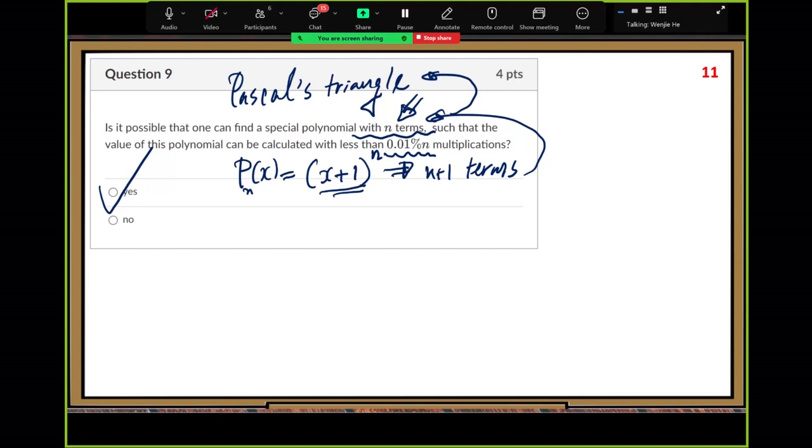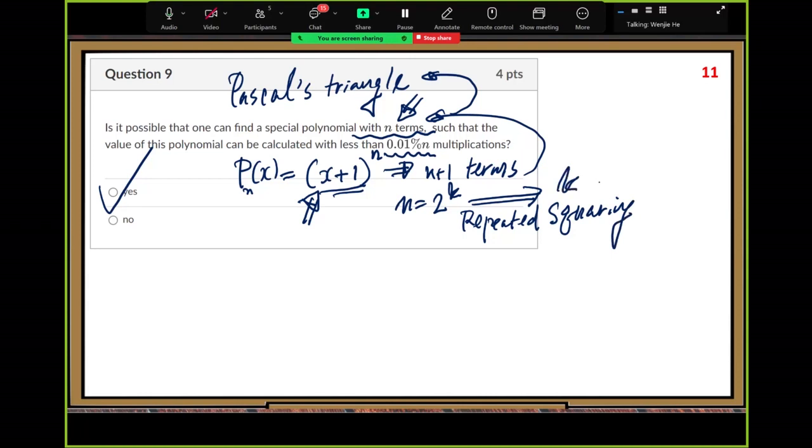But to evaluate this polynomial, think about if n is a power of 2, 2 to the k. By repeated squaring, you need to know the repeated squaring technique, we just need k multiplications, right?